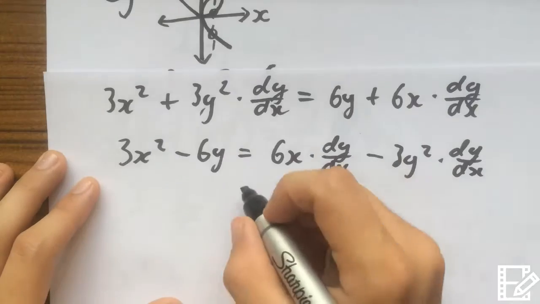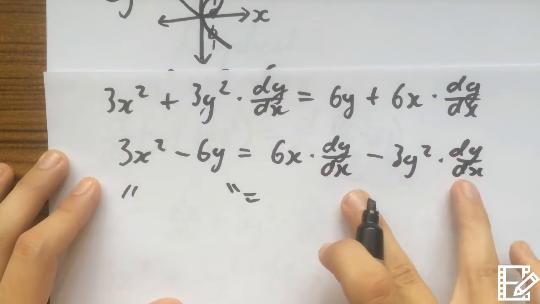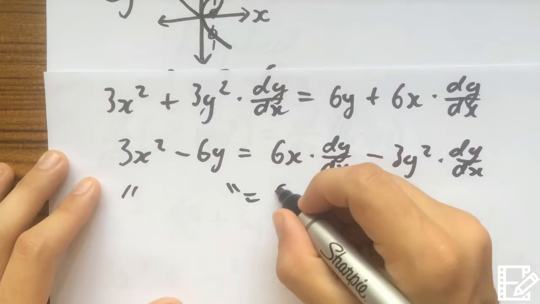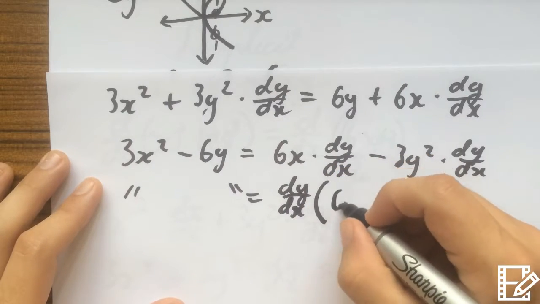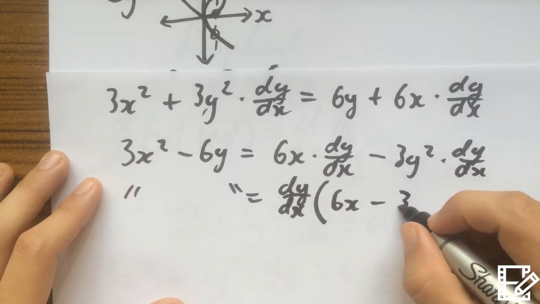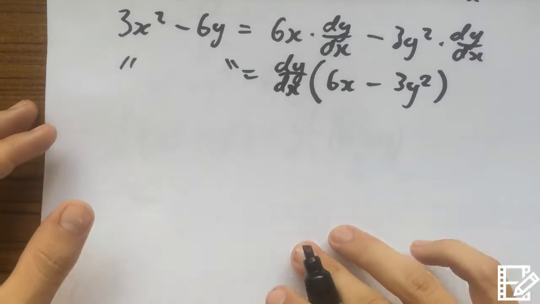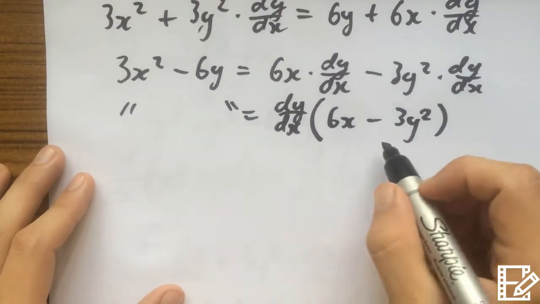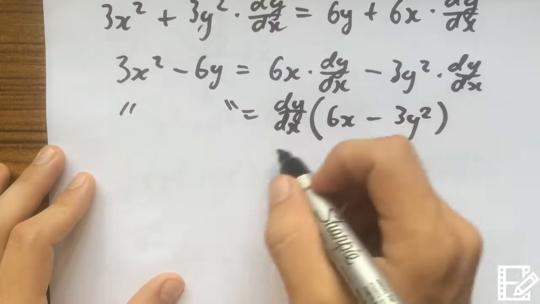Now this will stay the same. I'll factor out the dy dx from both of these to isolate the derivative. That way we'll have 6x minus 3y squared. And then I'm going to divide both sides by 6x minus 3y squared, which will cancel it on this side.